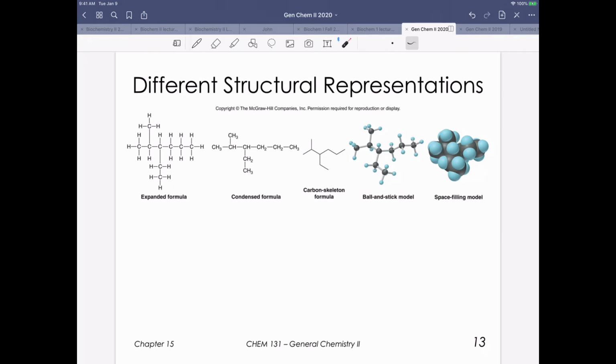But what we need to remember is that electrons, which surround these atoms, take up space. So a space-filling model really tells us the space that each of these atoms really takes up. So again, it looks really cluttered, but remember, there's not a lot of empty space in atoms or in molecules. It's actually taken up by electrons.